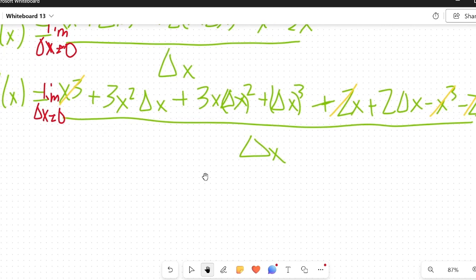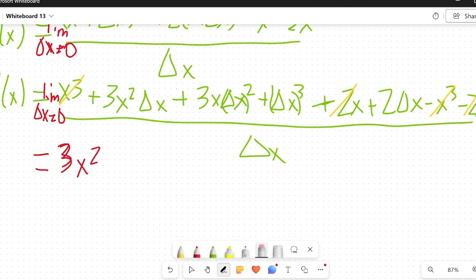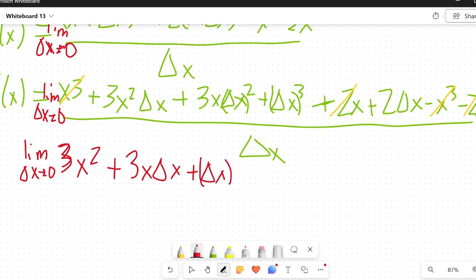So now, if we do divide it out, we are going to get the limit as delta x approaches 0 of 3x squared plus 3x delta x plus delta x squared. And then lastly, plus 2, right?